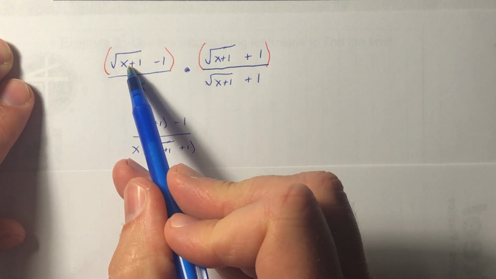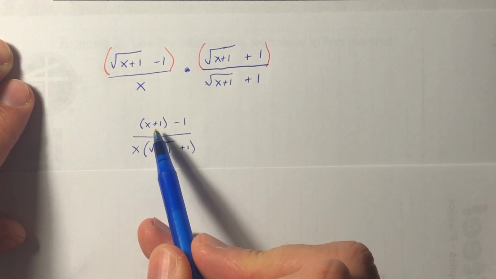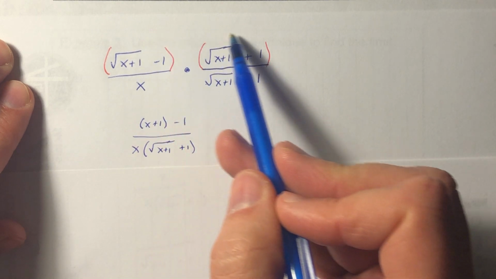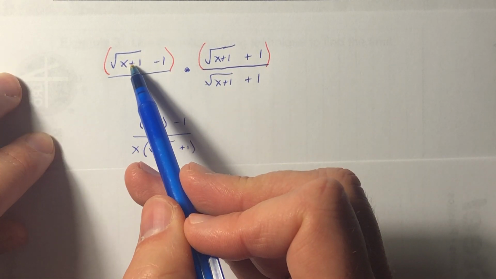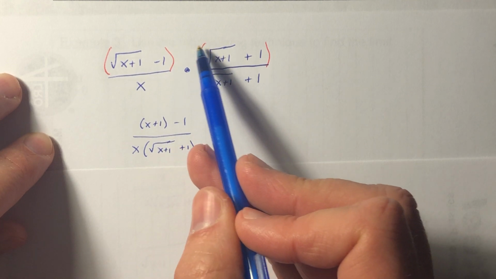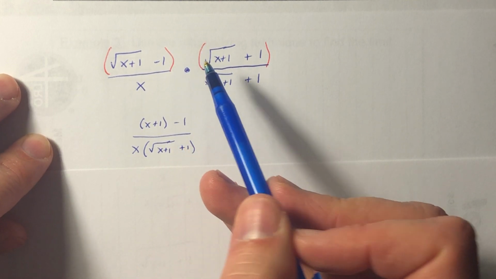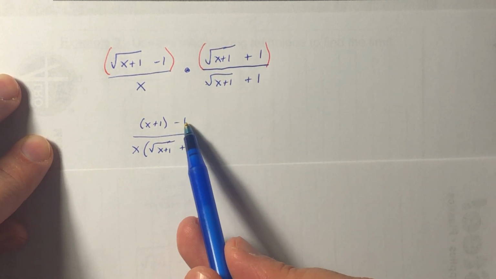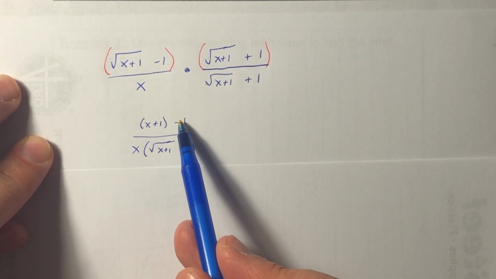So up top, when we take this guy times this guy, you're just left with what's inside because the radicals take care of each other. Now your outside, you get positive square root of x plus 1. The inside, you get negative square root of x plus 1. So they cancel each other out. They add up to 0. -1 times 1 is -1. So that's what the numerator turns out to be.